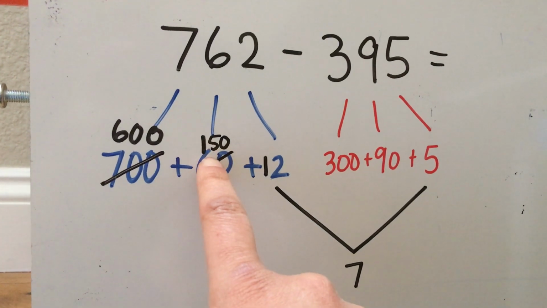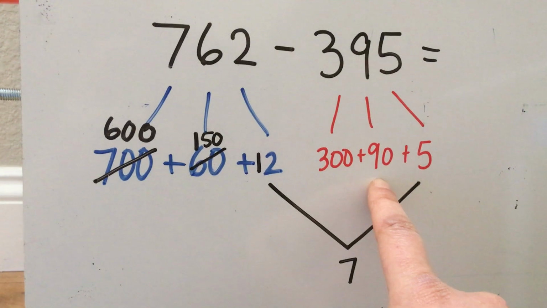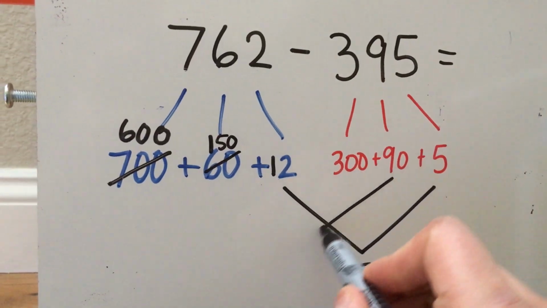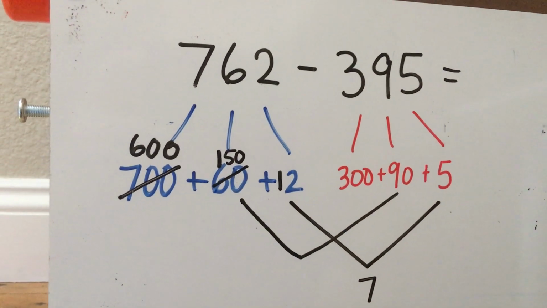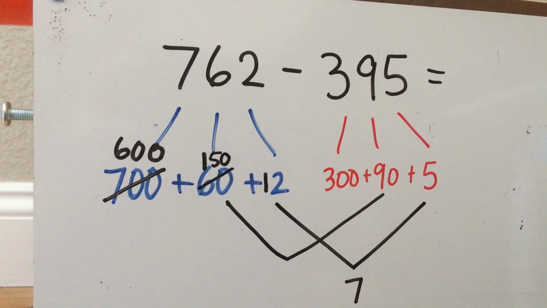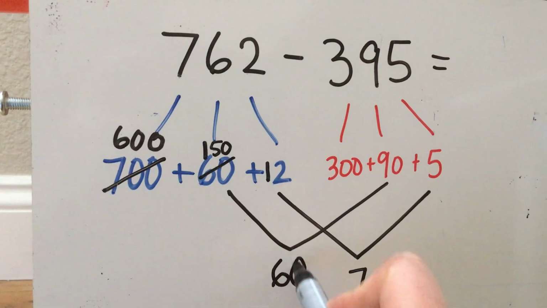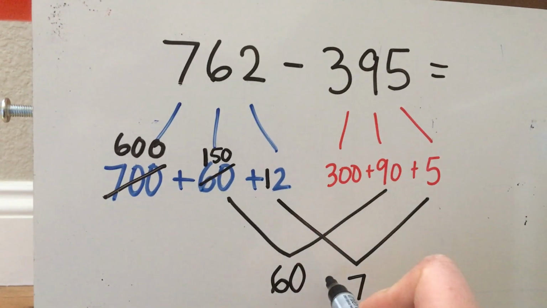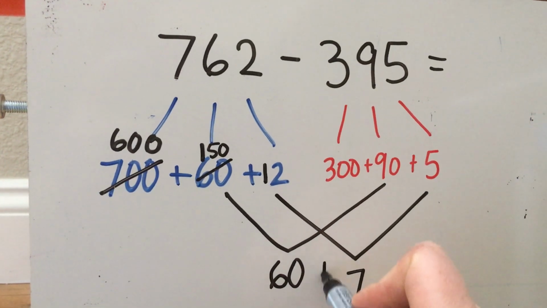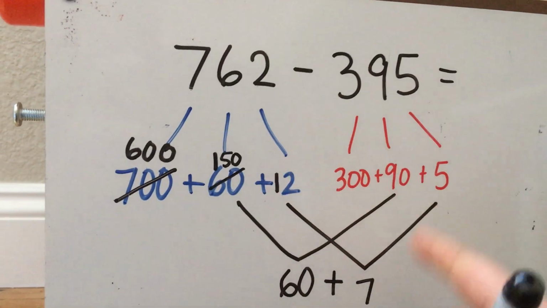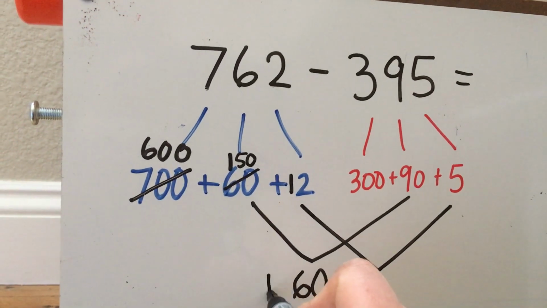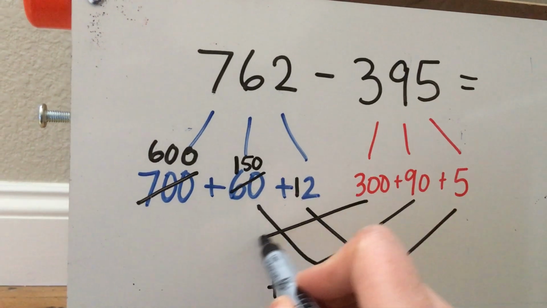Okay, so now if I have 150, can I take away 90? Yes. 150 take away 90 is equal to 60, or 15 tens take away 9 tens is equal to 6 tens. All right, I'm going to put some plus symbols in between to separate my ones place, my tens place, and next I need to subtract my hundreds place.